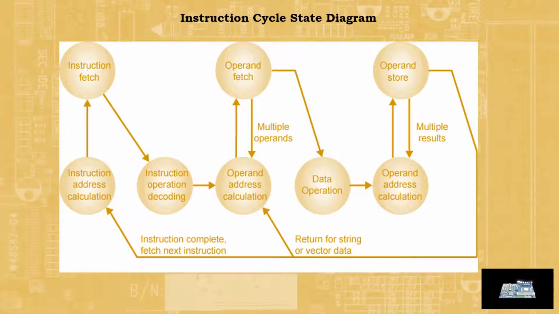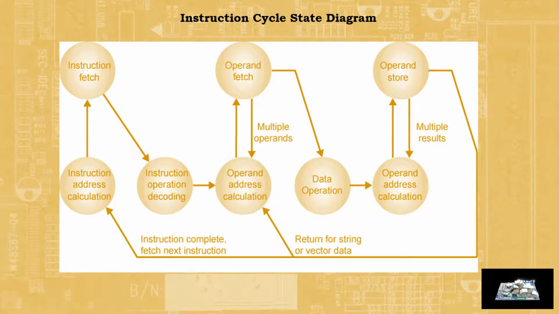Instruction operation decoding analyzes the instruction to determine the type of operation to be performed and the operands to be used. Operand address calculation: if the operation involves reference to an operand in memory or available via input-output, then determine the address of the operand.